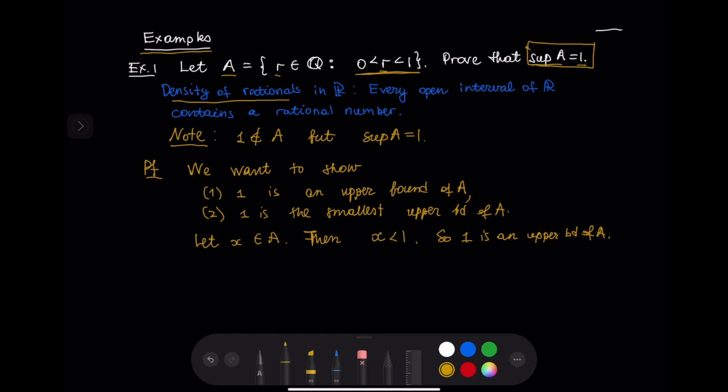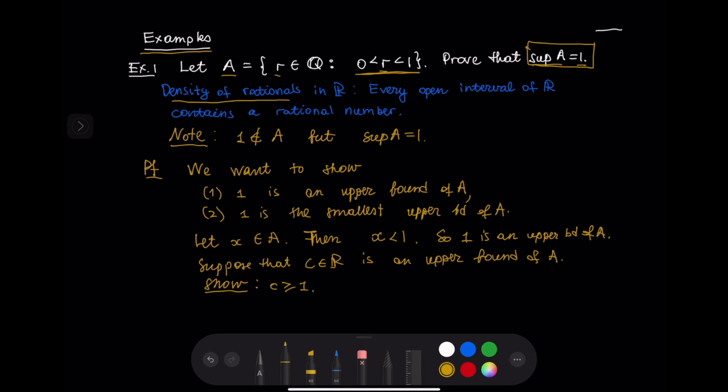The second statement is that 1 should be the smallest upper bound of A. So how do we prove that? So suppose that c is a real number and it's some upper bound of A. So we want to show that c is greater than or equal to 1, right?